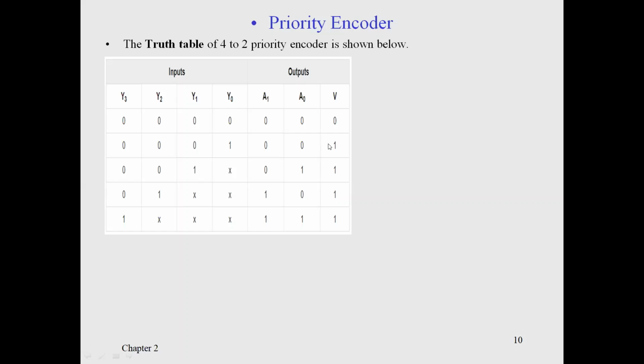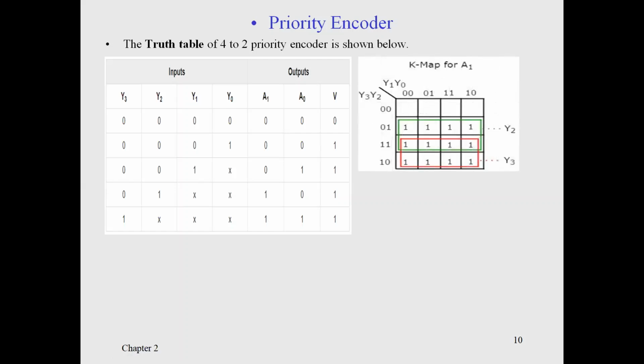Now let us find the K-map for A1. So this is the K-map. For obtaining this K-map, you can see there are 4 inputs, so there will be 16 binary combinations. You can see how we get the combinations: you just put one K-map over here and one truth table over here.